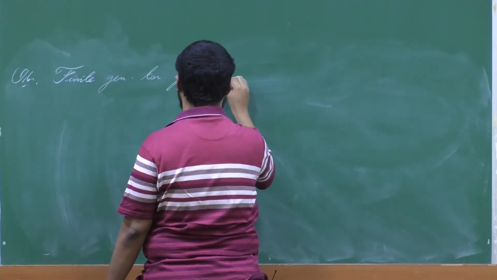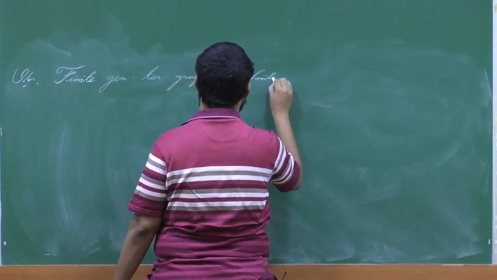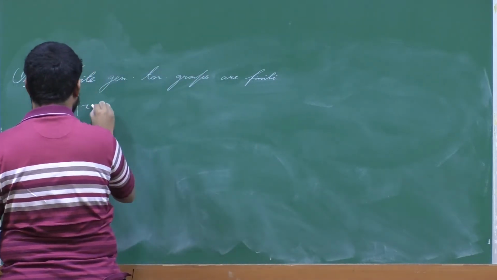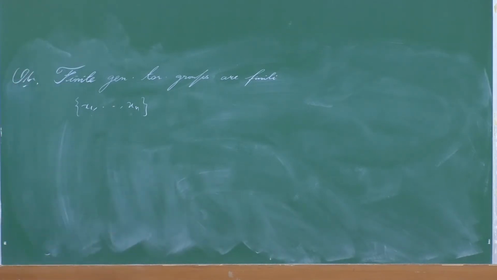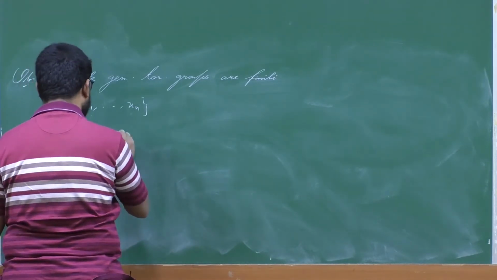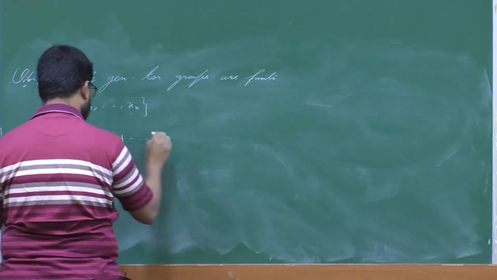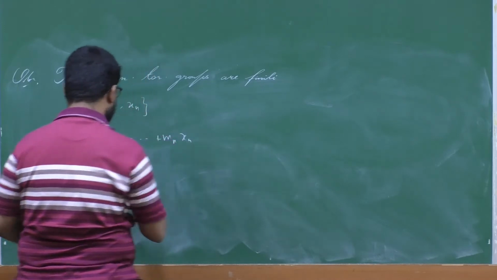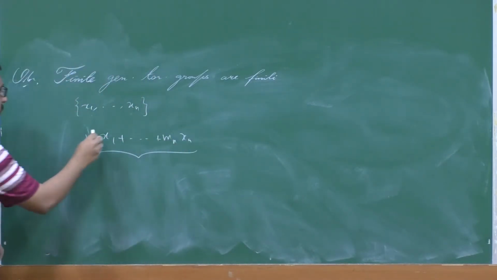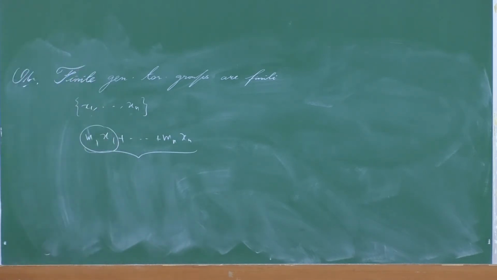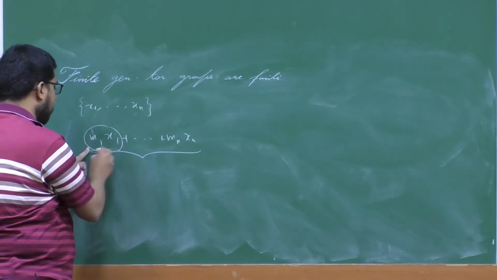This you can take as an exercise, very easy to see. Because if this is a set of generators, since all of these have finite order, then in this manner, with m1 up to mn integers, you are only going to get finitely many elements, because this part will keep repeating.